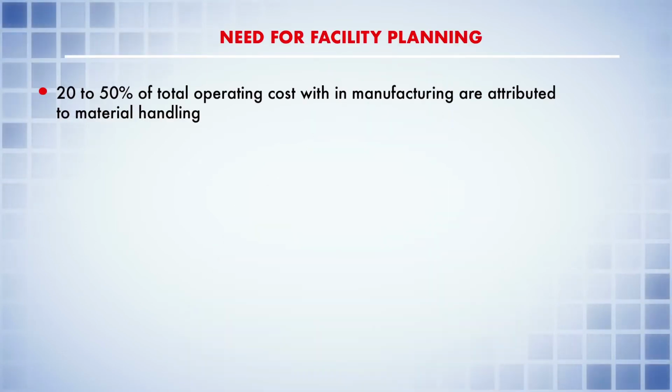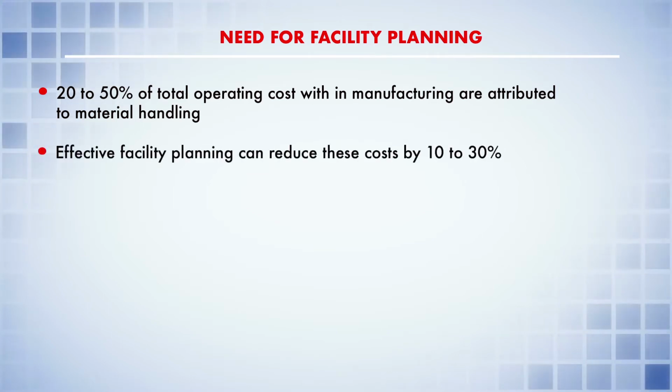Now, why do we need facility planning? If you see, 20 to 50% of total operating cost within manufacturing is attributed to material handling. If we give appropriate or effective facility planning, we can save the overall cost by 10 to 30%.